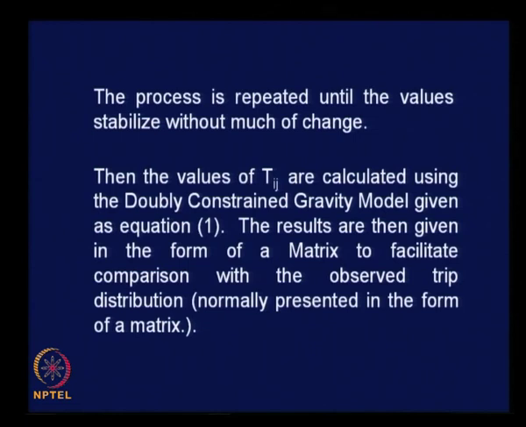The results are then given in the form of a matrix, as we normally do, to facilitate comparison with the observed trip distribution, which is also normally given in the form of a matrix. So we are going to have two matrices, one based on the gravity model, the other based on the field observed data, and we have to compare the two matrices for matching. Clear? So that is the calibration process.